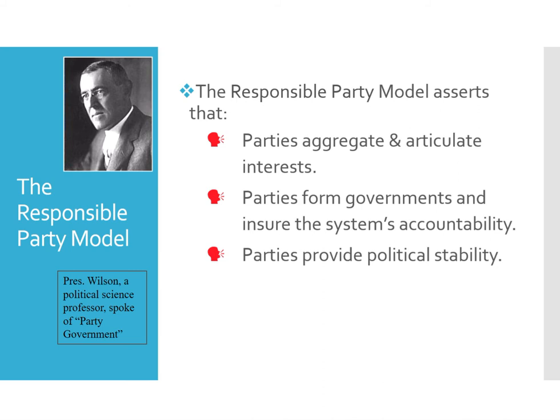Then parties provide political stability. The Democratic label, now the Democratic label, the Republican label, you can see from my previous slides that they've changed over time. But at least within a time span, they are consistent. And since they've been the main party since roughly the 1850s, clearly there's ways in which people understand these labels.